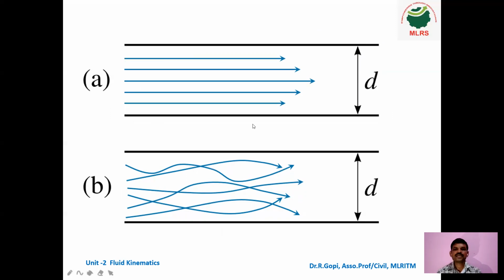This is the best example for laminar flow. Now turbulent flow. You can see here it is moving randomly or in a zigzag manner, along a curved or zigzag path. This is the best example for turbulent flow.